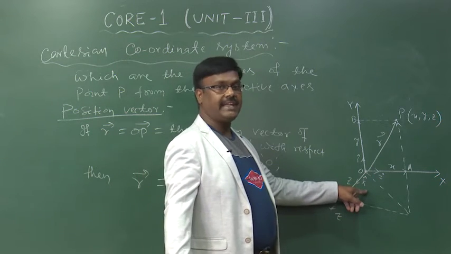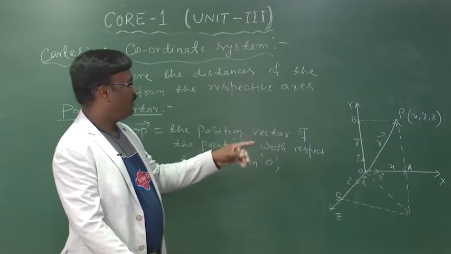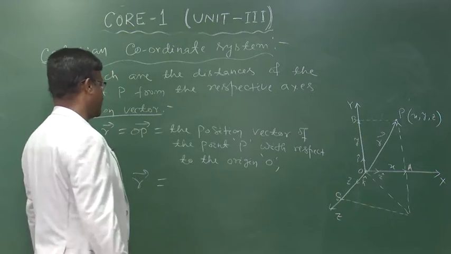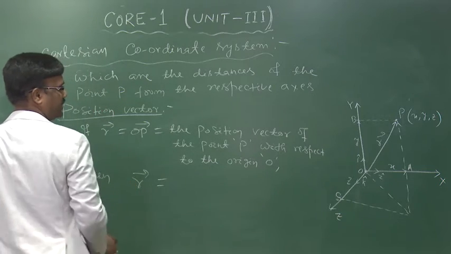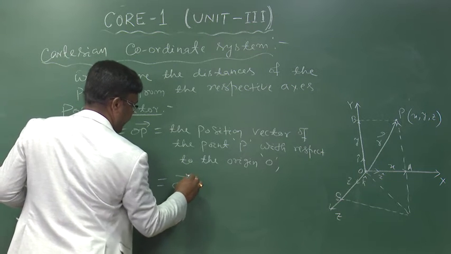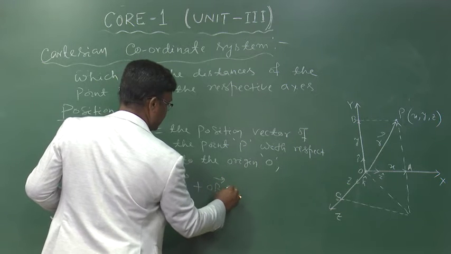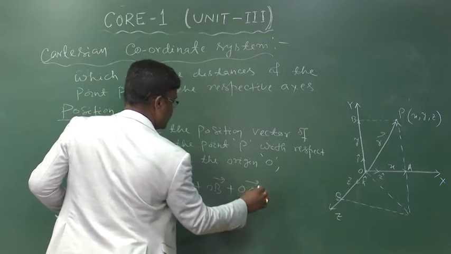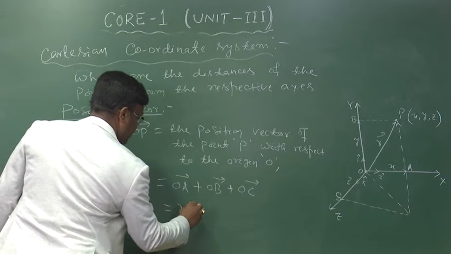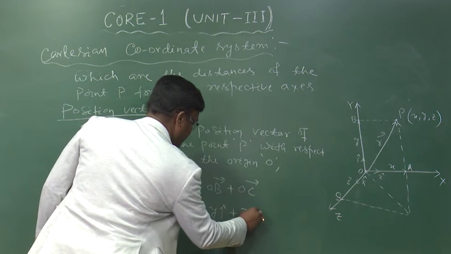Similarly, along the z axis its component will be z k cap. So we can write the position vector in the three-dimensional Cartesian system as r vector equal to OA vector plus OB vector plus OC vector, which can be written as x i cap plus y j cap plus z k cap.